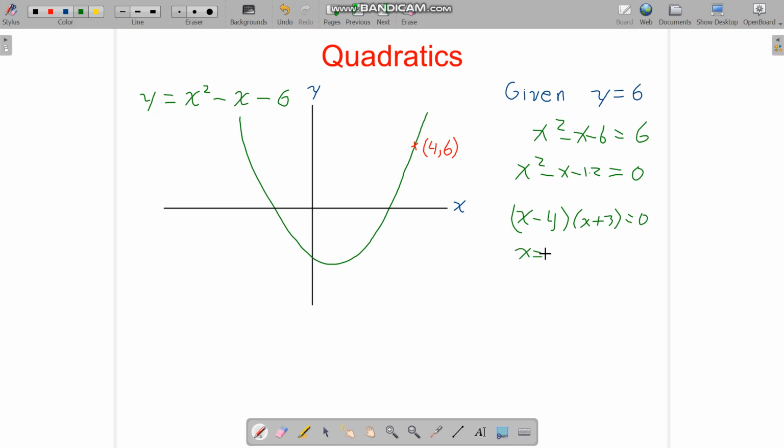So x equals 4 or x equals minus 3. In case you are wondering why we have two values when y is 6, well, that's because it's the same as finding the intersection between the graph and the horizontal straight line y equals 6. So the point minus 3, 6 is around here.